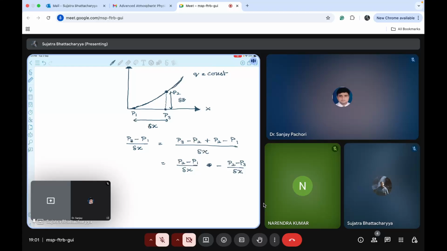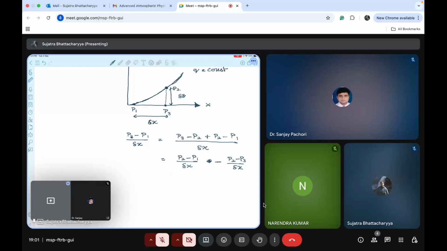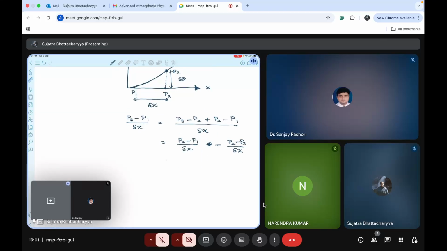I have intentionally taken a negative sign on P2 minus P3; you will understand why. So (P2 minus P1) by delta x minus (P2 minus P3) by delta z into delta z by delta x. We can write this mathematically, but there is a physical meaning of it also.